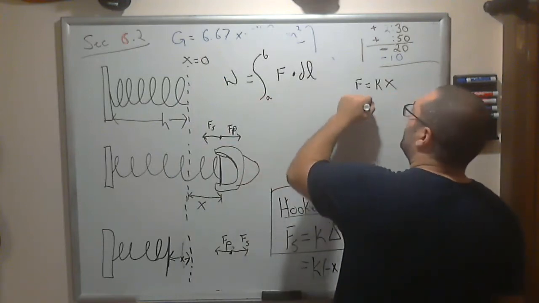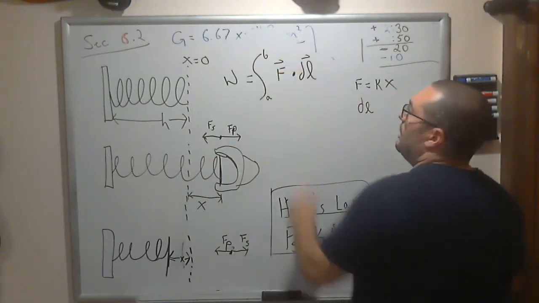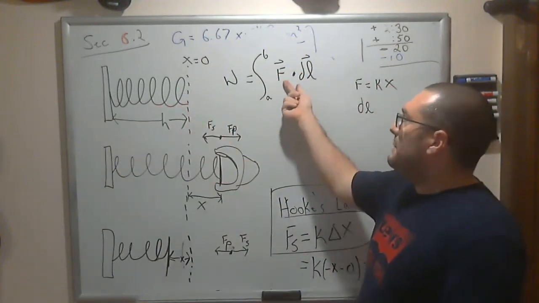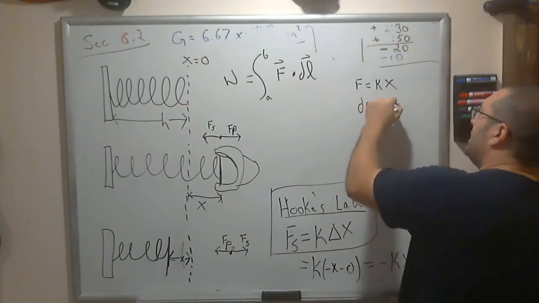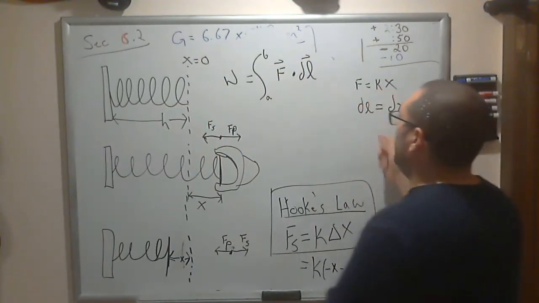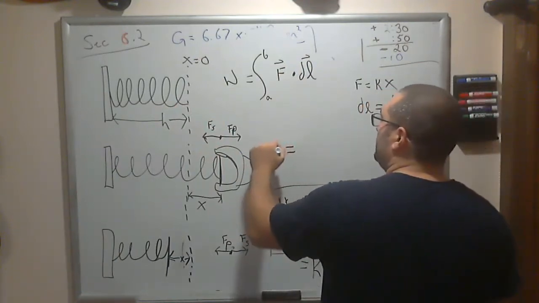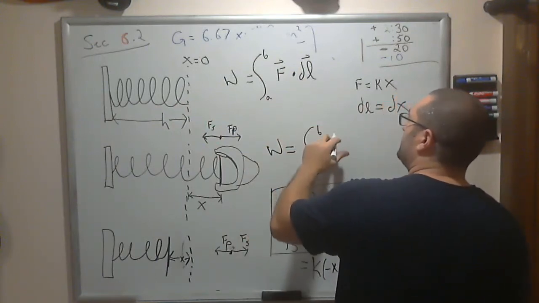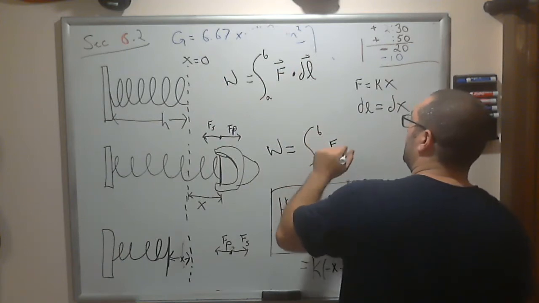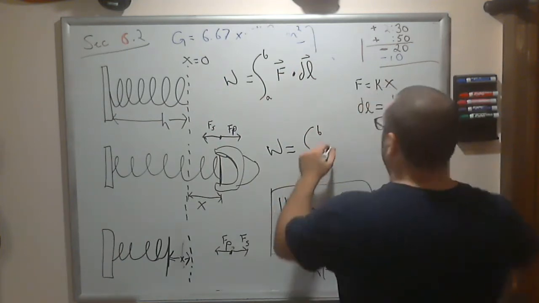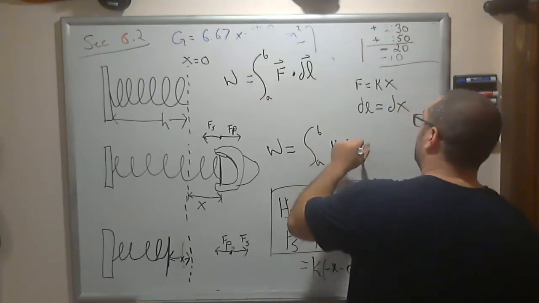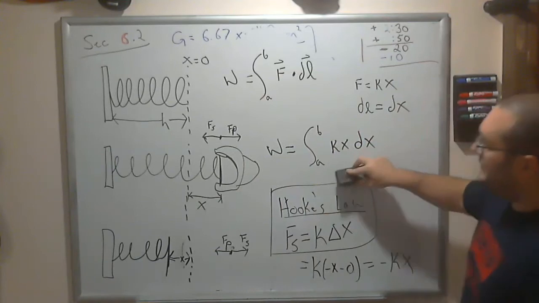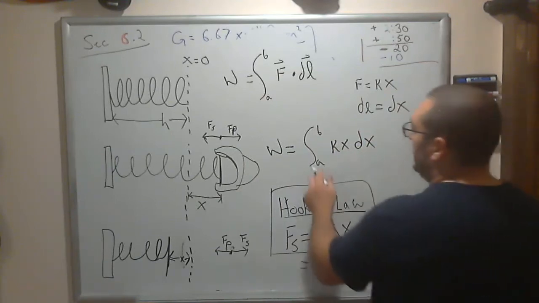Here we'll only be working with one dimension, so we don't really have to worry about this dot product. dl here is just dx, right? So then our work equation becomes this. F is just kx times dx, and then let's integrate this.